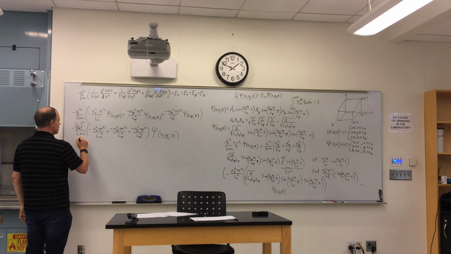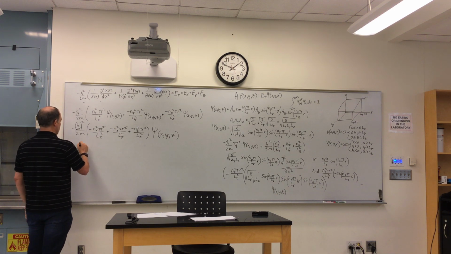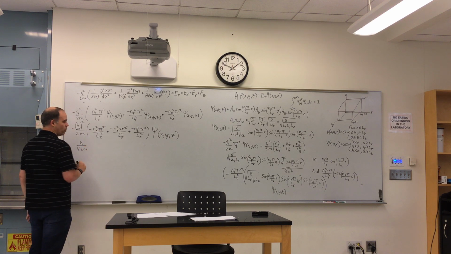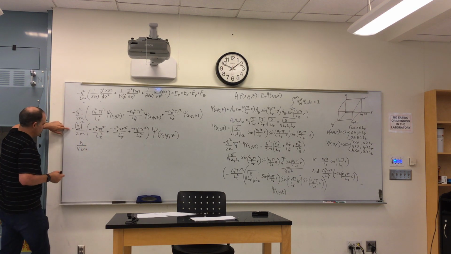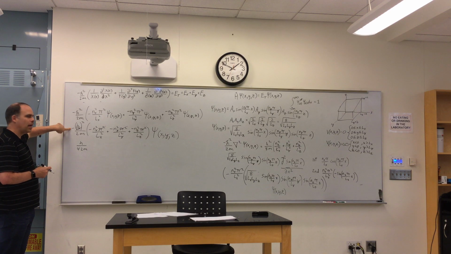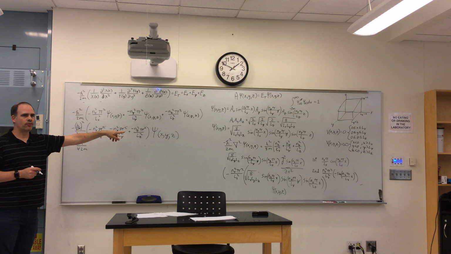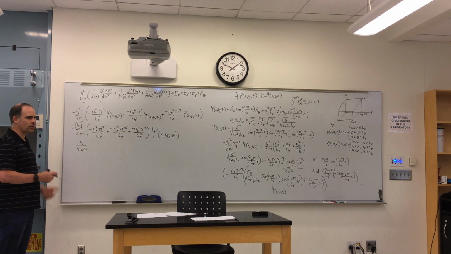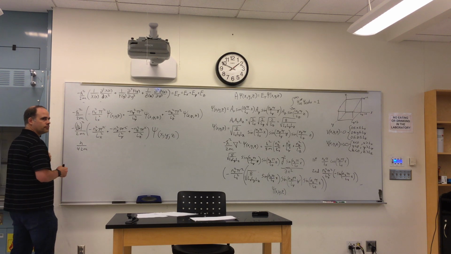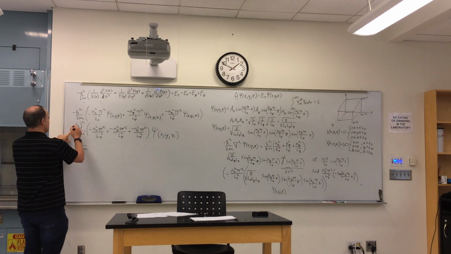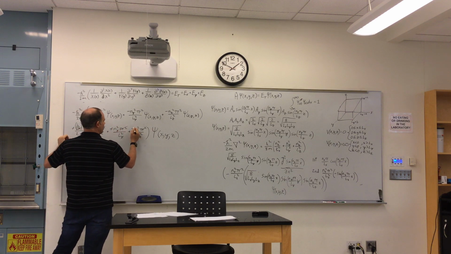H over 2 squared is h squared over 4, and that times 2m would be 8m. We got a negative here, and we got a negative in front of each one of those, and so the negatives cancel each other out because they're being multiplied together.